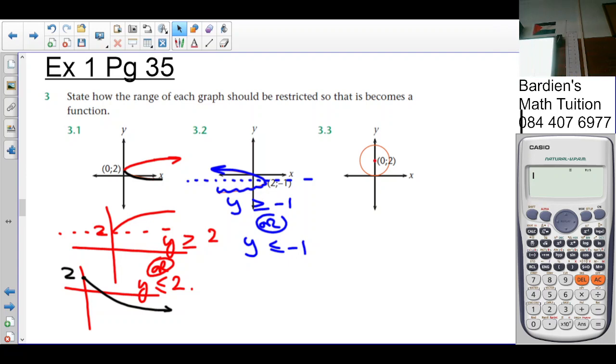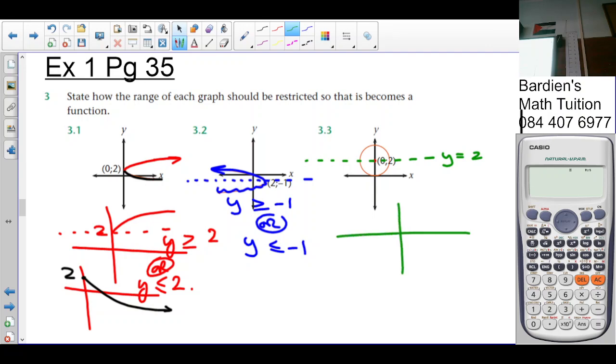However, if I restrict, if this is your line y is equal to 2 here, going through like that, and I take this top part of this graph, remember this is y is equal to 2 there. So this of course is 4, because your radius of course is 2. So is that a function?